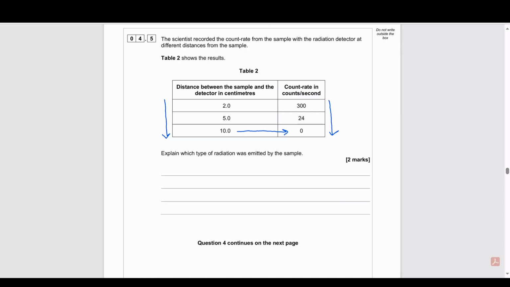Explain which type of radiation was emitted by the sample. So for this question, we need to know about the different types of radiation, alpha, beta, and gamma. And we need to know about one of their properties, which is the range in air.